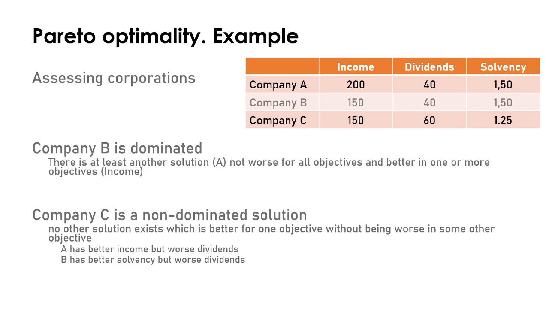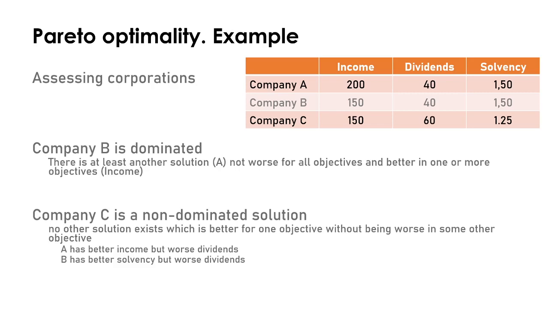And company C is a non-dominated solution, because let's recall the definition: no other solution exists which is better for one objective without being worse in some other objective. So there's no way to improve one without worsening the other. We need to make sure that there's no other solution meeting that requirement, and we only have two other solutions, A and B. A has better income but worse dividends, and B has better solvency but worse dividends.